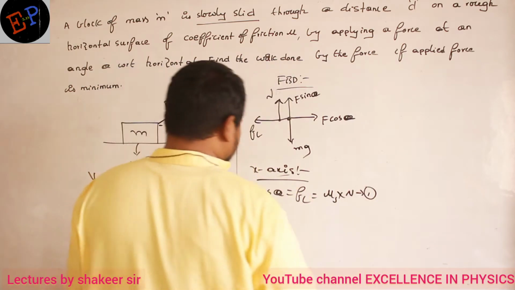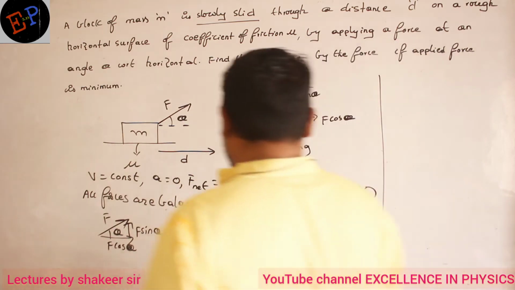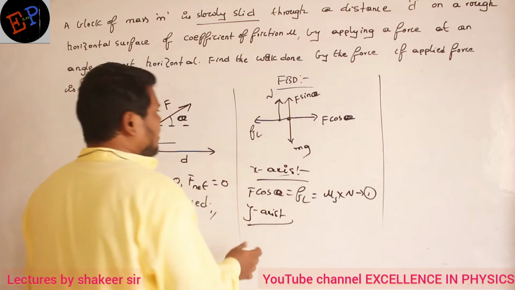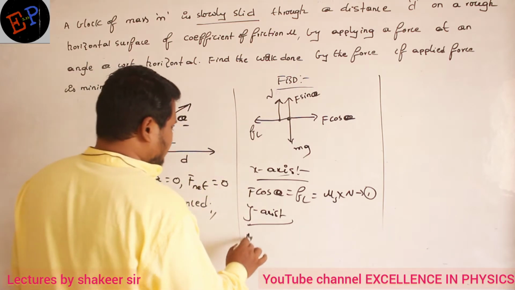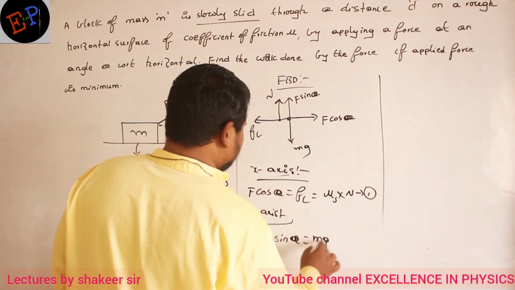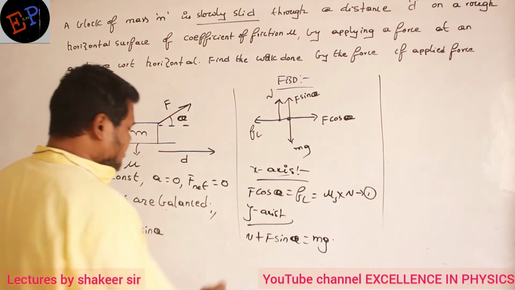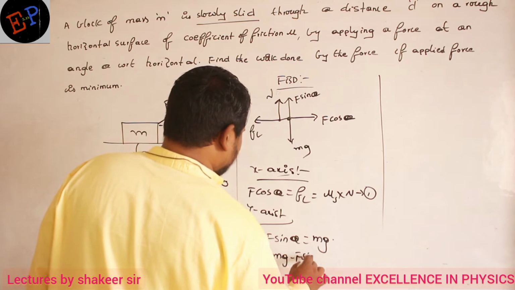Then I will write the equation along the y-axis. Along the y-axis, N plus F sin alpha should balance the weight of the body, mg. That's all. So from this you derive the normal reaction: N is mg minus F sin alpha.